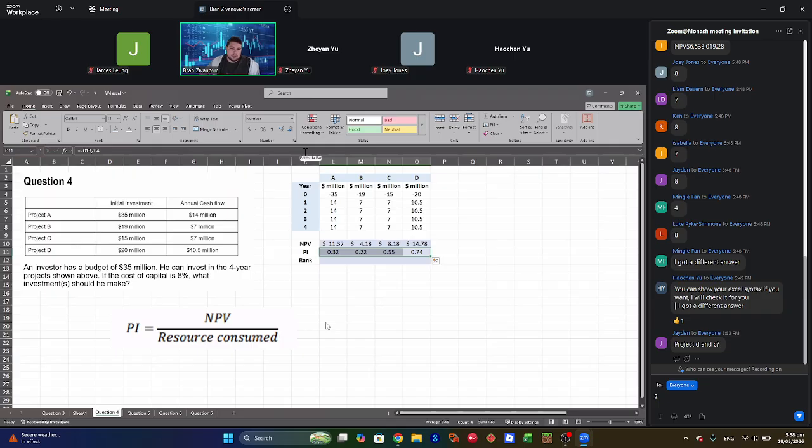So if I invest $1 and I make 22 cents, like in option B, versus if I invest $1 and I make 74 cents, which one do you reckon I'm going to go with? Yeah, so we go with the highest, right?